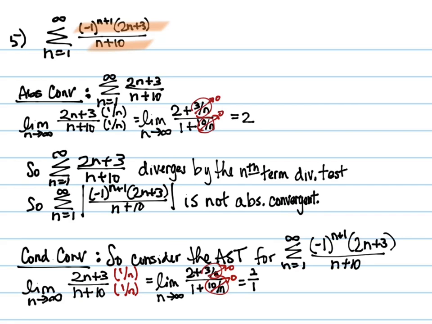But it's a problem. This is not 0, right? It's not 0. So by the alternating series test, the summation from n equal 1 to infinity of -1 to the n plus 1 times 2n plus 3 over n plus 10 will diverge.